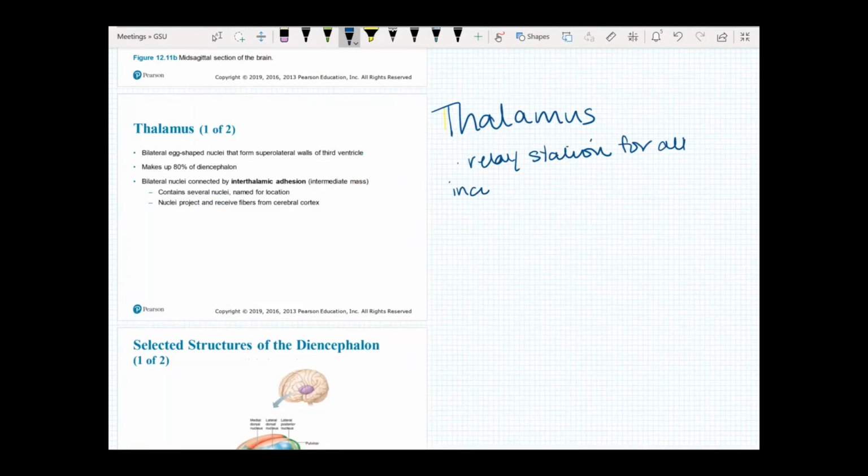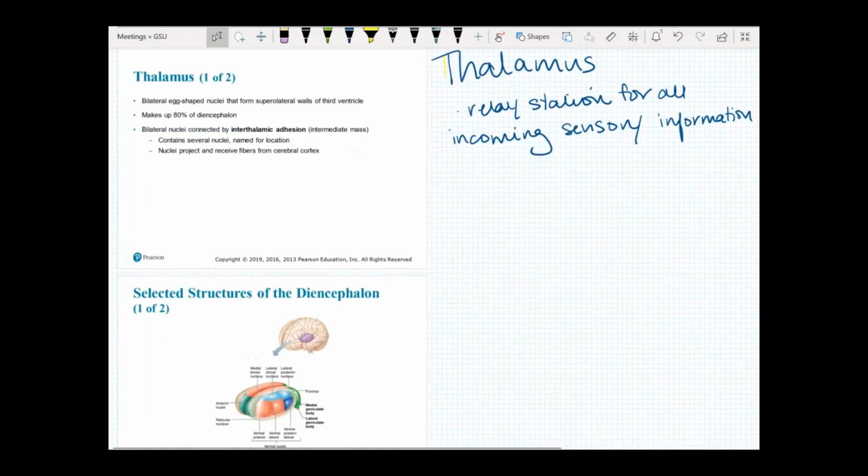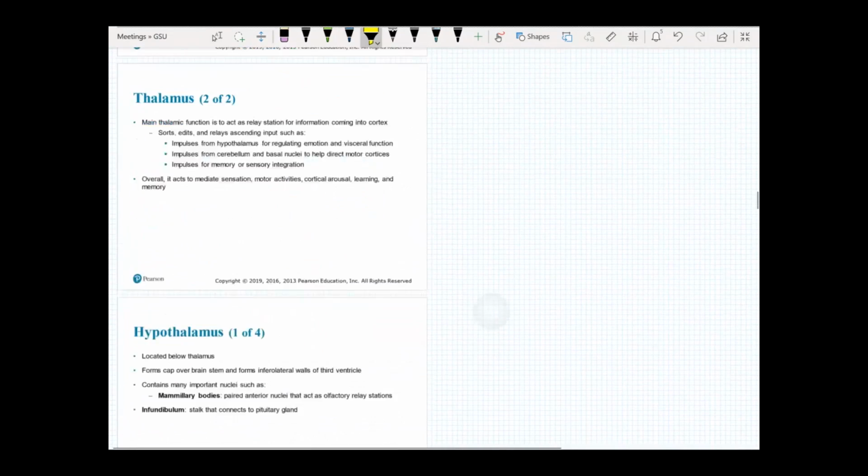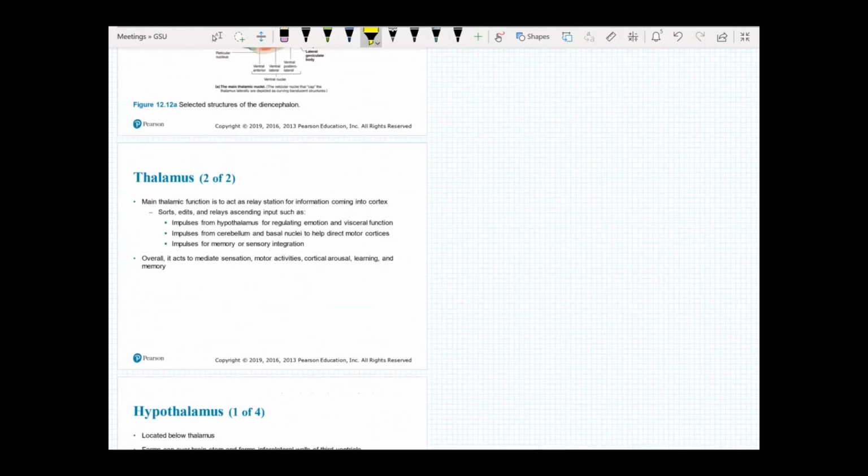Basically anything that comes through from the body, pain, temperature, vision, everything has to go through this thalamus section first. It is responsible for receiving sensory information and then passing it to other sections and areas within the brain. So it's the main relay station.